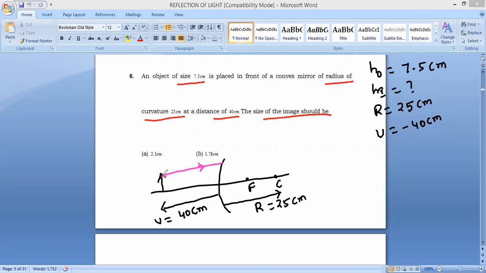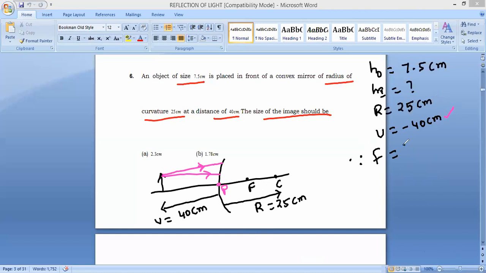We are measuring the distance from the pole to the object towards the left, so object distance will be negative. Radius of curvature will be positive. So what will be the focal length?